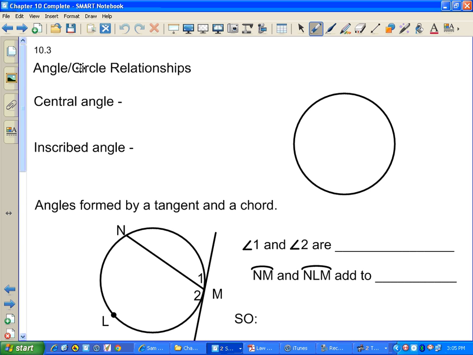A central angle we've talked about before, but a formal definition would be an angle whose vertex is at the center of the circle.